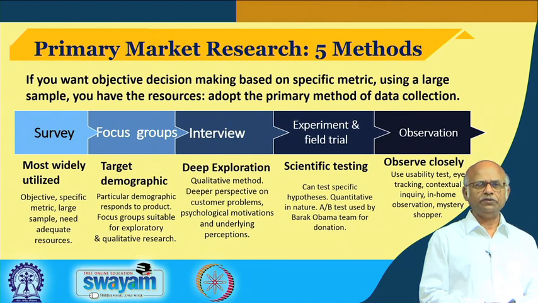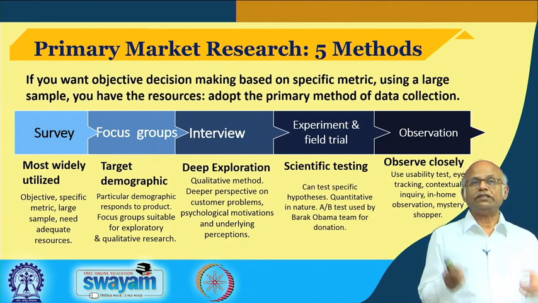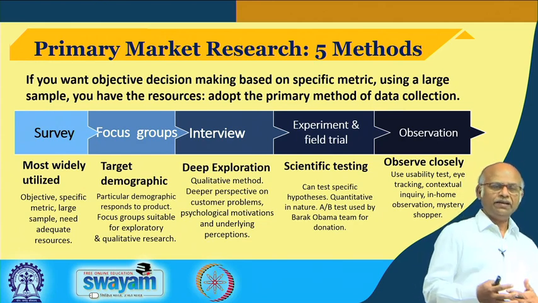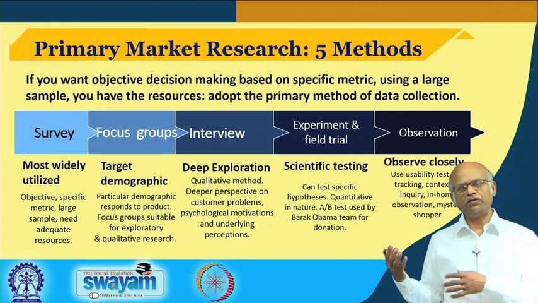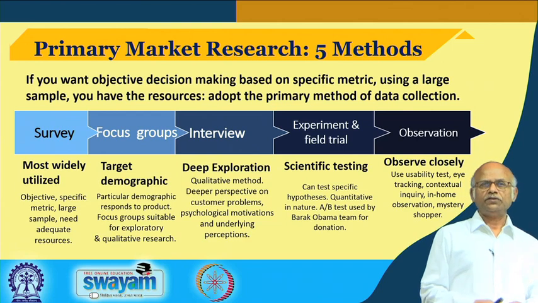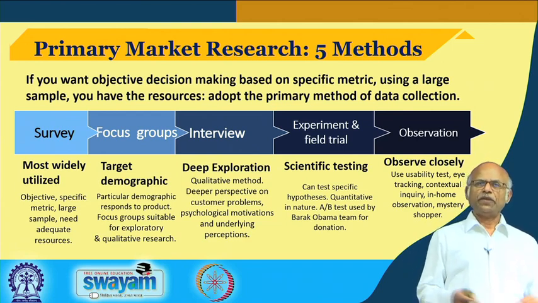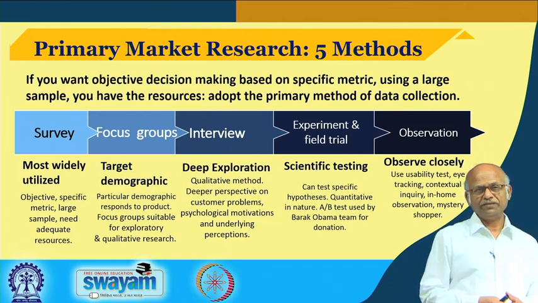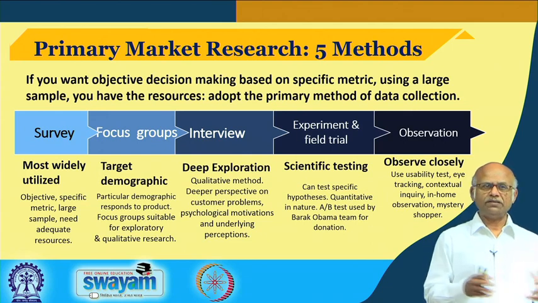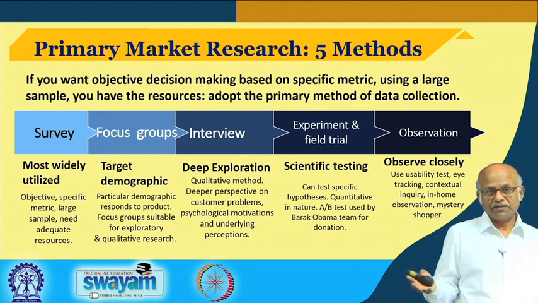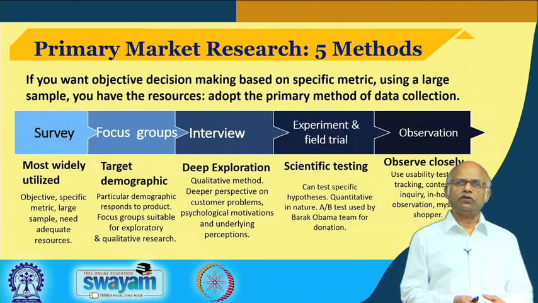Normally people use a questionnaire where you put questions and you ask people or your target audience to give answers. So, they are objective, and you get a specific metric, and the sample can be large, but the larger the sample, the higher the cost.